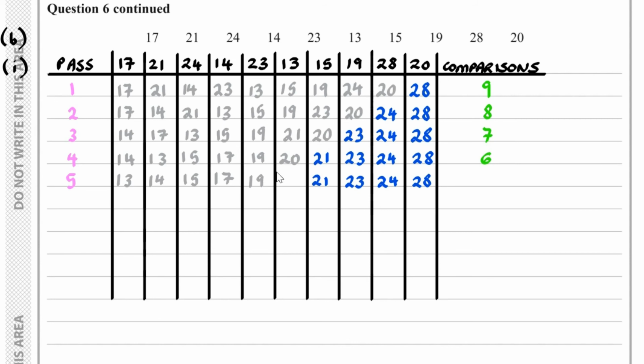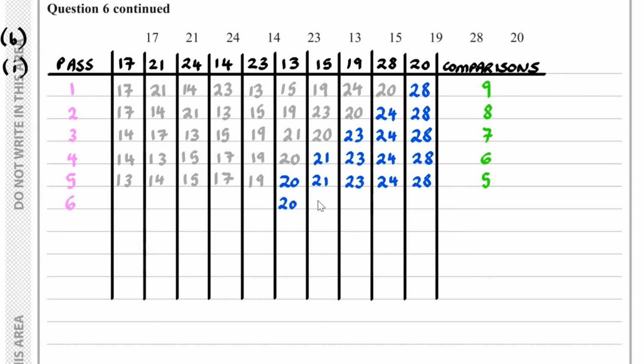Compare the 19 and the 20, 20 is larger than the 19, so the 20 would move here. What we made here is 5 comparisons.